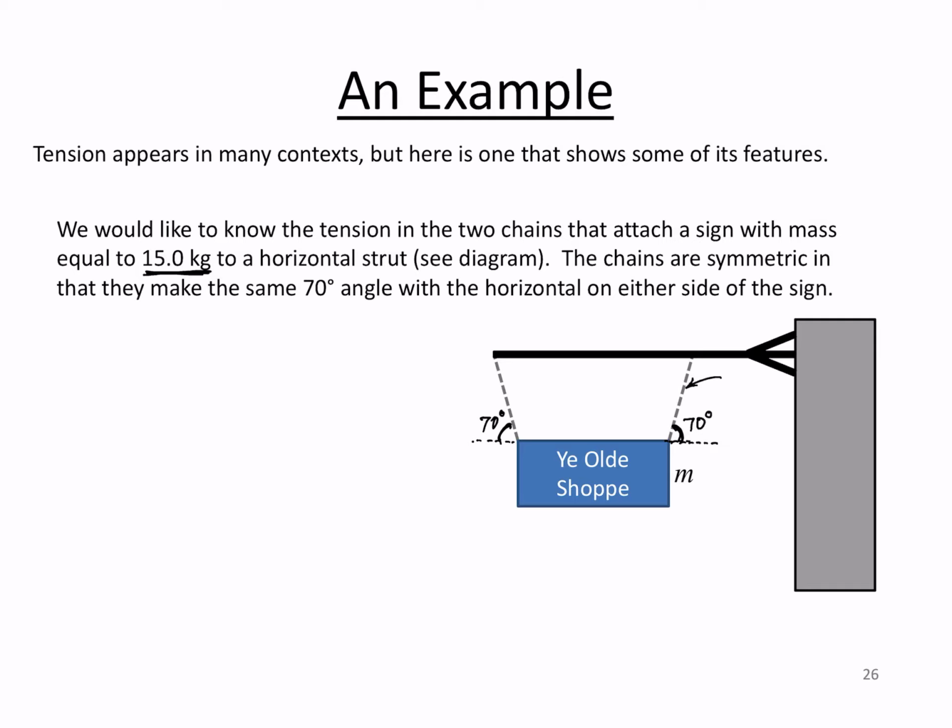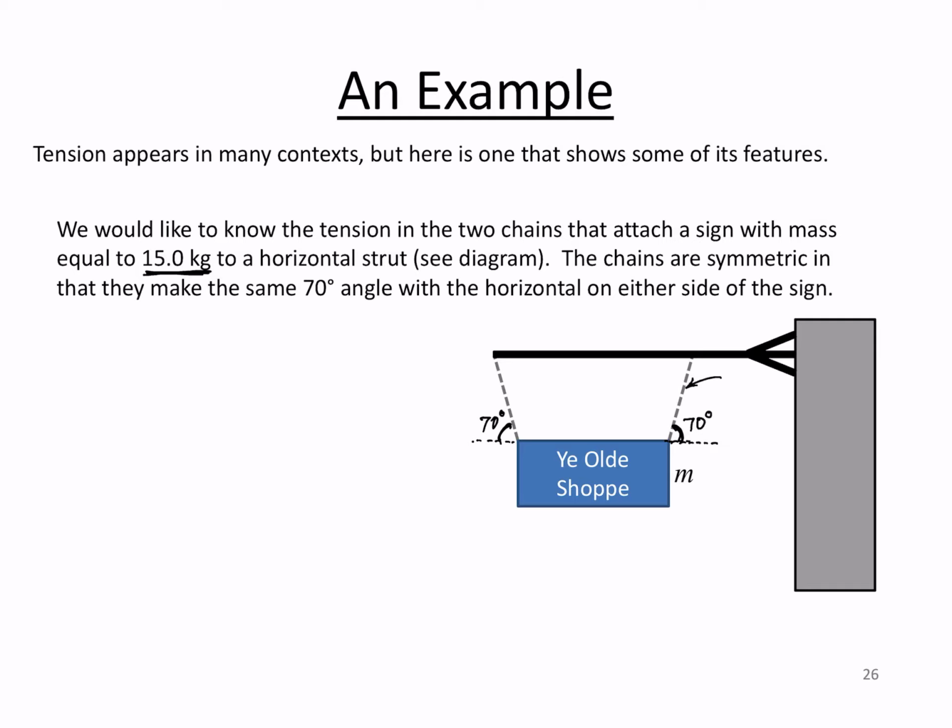You don't necessarily need to do what I'm going to do and take the sign over here all by itself, so it's literally a free body, and then grab a different color, do blue, and draw in all of the forces. But you do need to have some diagram of the forces, or it's entirely too easy to lose track of what forces are acting and how they're related to one another.